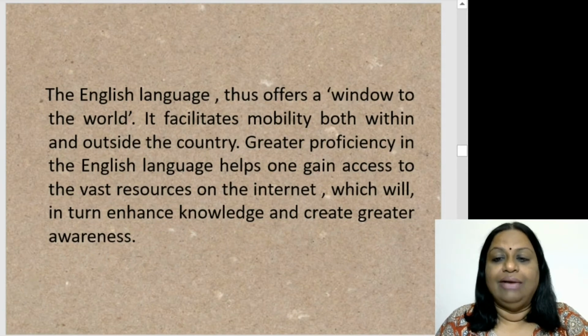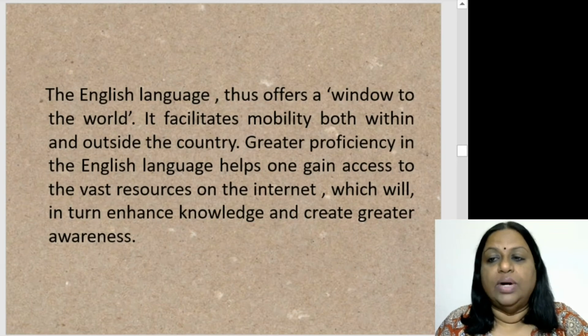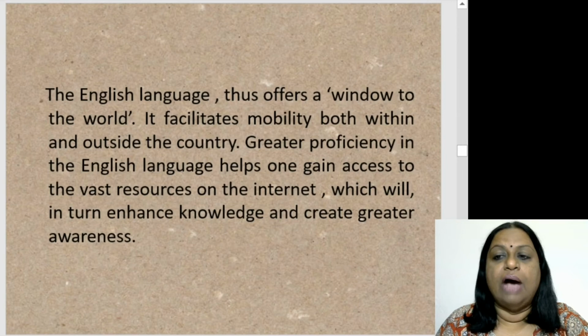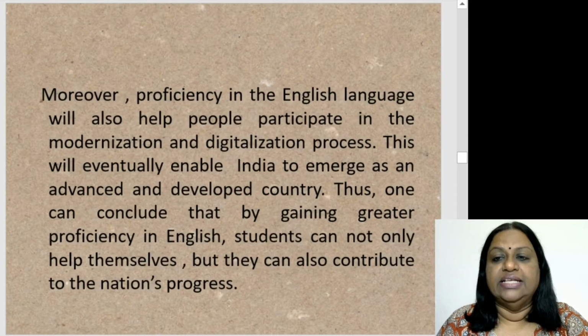The English language thus offers a window to the world. It facilitates mobility both within and outside the country. Greater proficiency in the English language helps one gain access to the vast resources on the internet, which will in turn enhance the knowledge and create greater awareness.